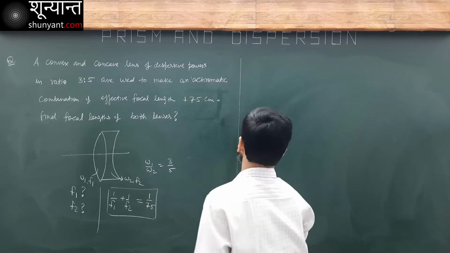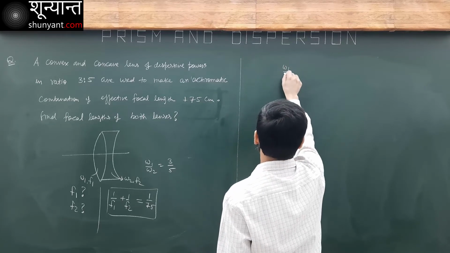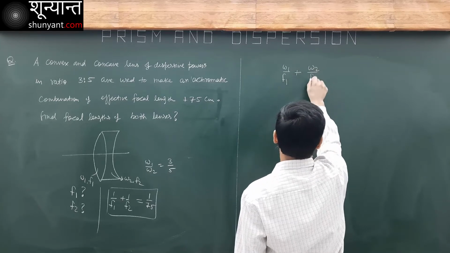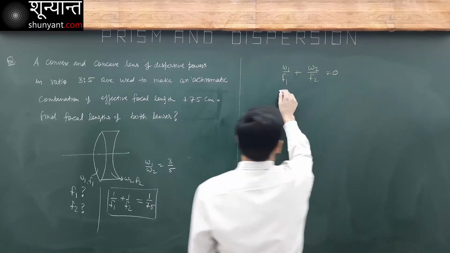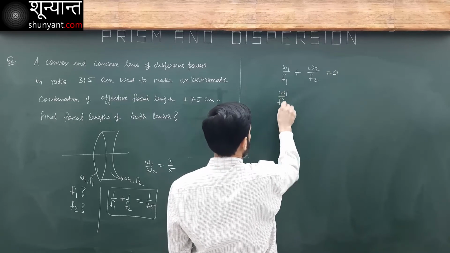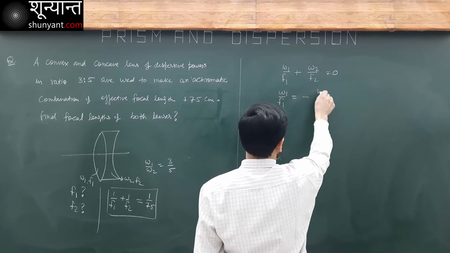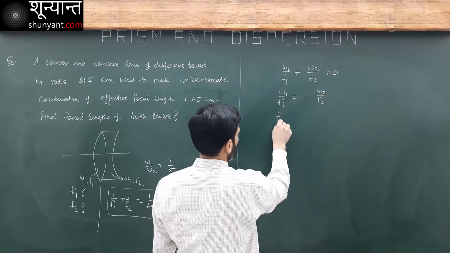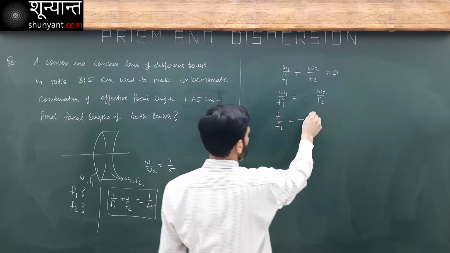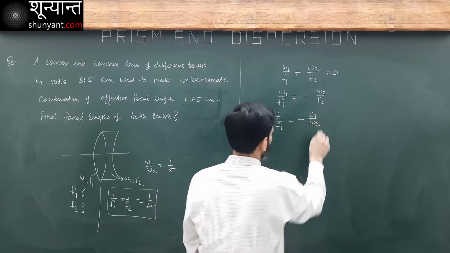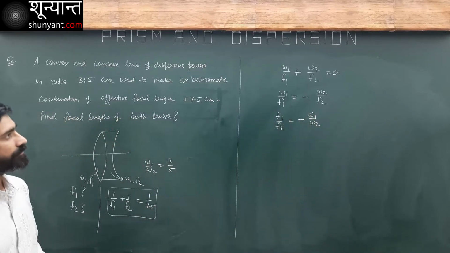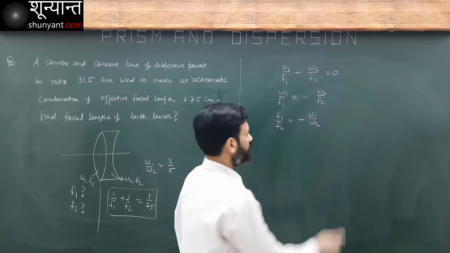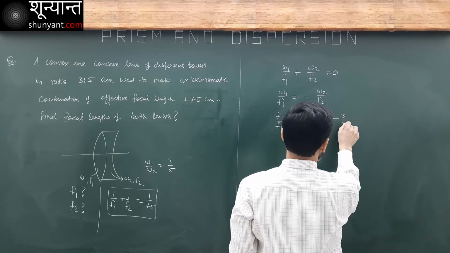Try that. It's like this: omega 1 over f1 plus omega 2 over f2 is 0. So omega 1 over f1 is minus of omega 2 over f2. Now f1 over f2 is minus of omega 1 over omega 2. What do you think? Is this right? This is going to be equal to minus 3 over 5.